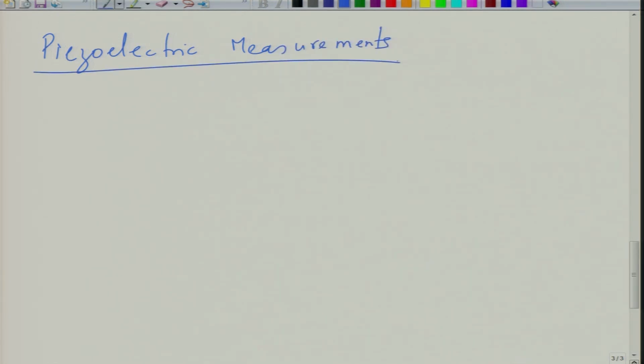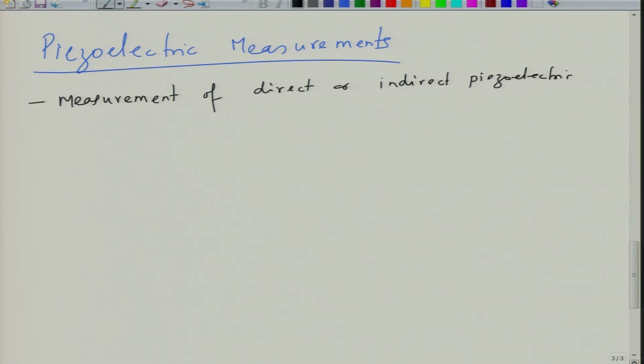Piezoelectric measurements are basically based on measurement of the direct or indirect piezoelectric coefficient, right. And the most common of them is to measure D33.